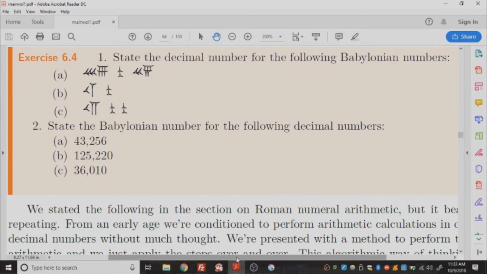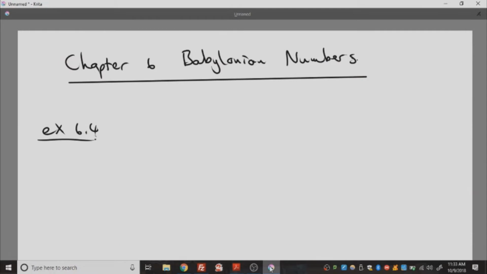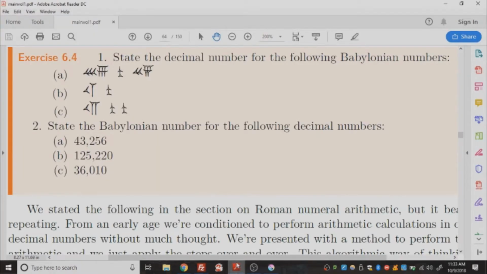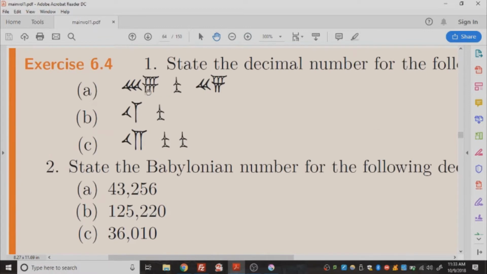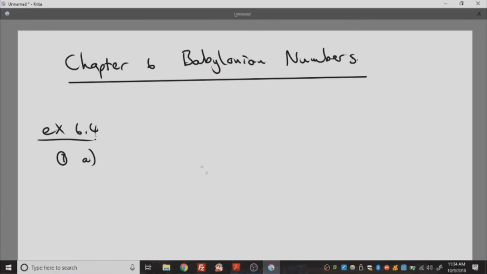So, in 1A, I have to go back and forth because I forgot my book. I have a 3-place number, so it's the first one counting 60 squared, then 60s, then 1s. So that, I need to zoom in a little more perhaps. 36. Fine.